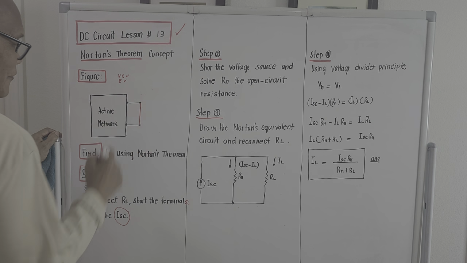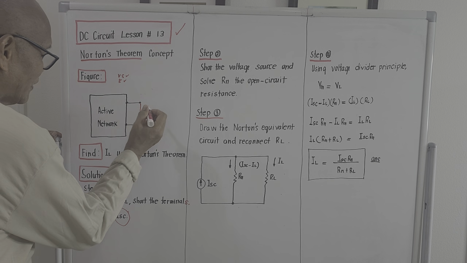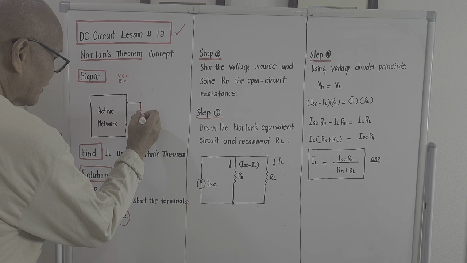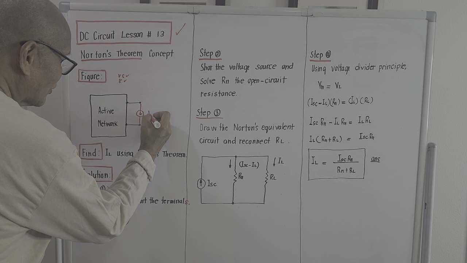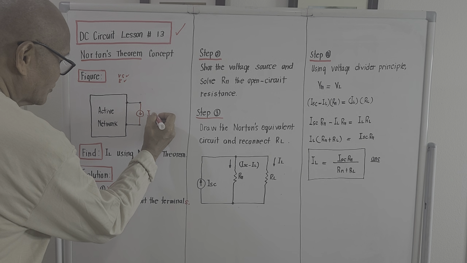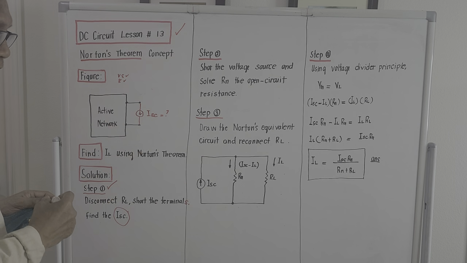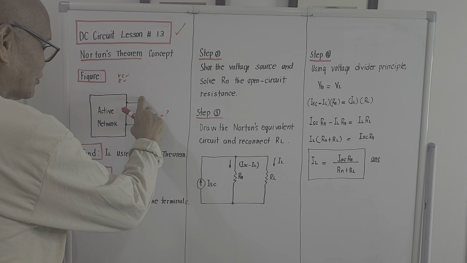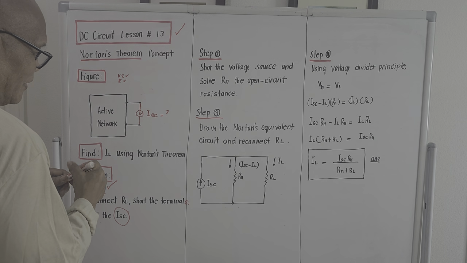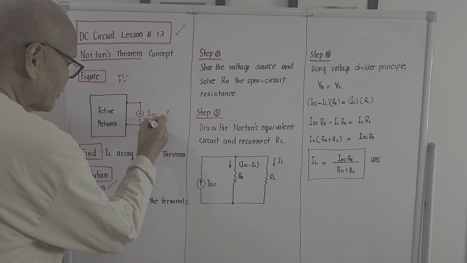If we short the terminals, we will be taking the value of the short circuit current. That's step number 1. You disconnect the load, then you short the terminals, then compute or find the value of the short circuit current.